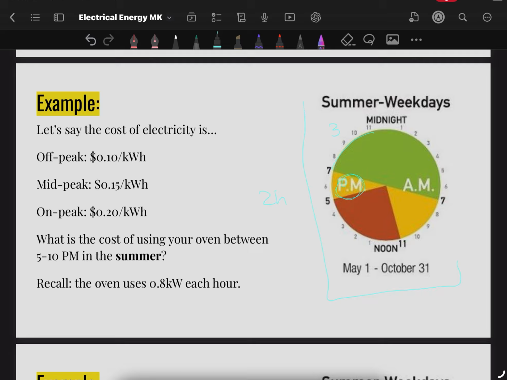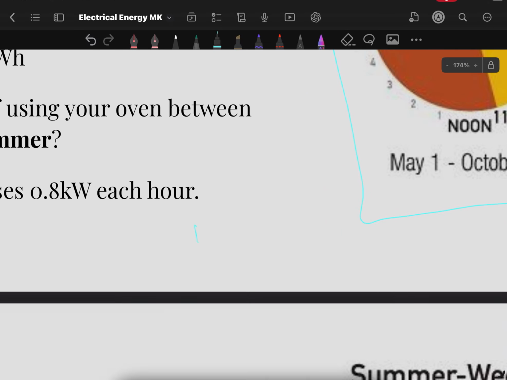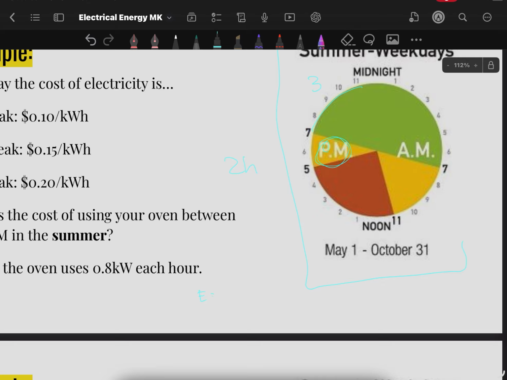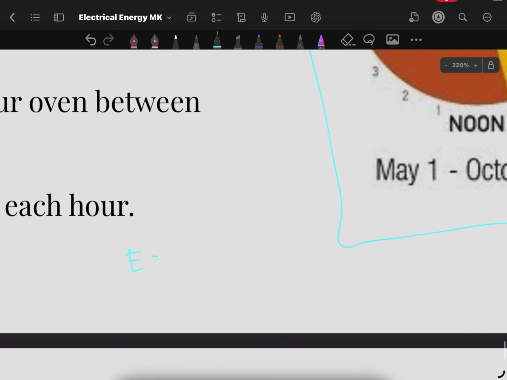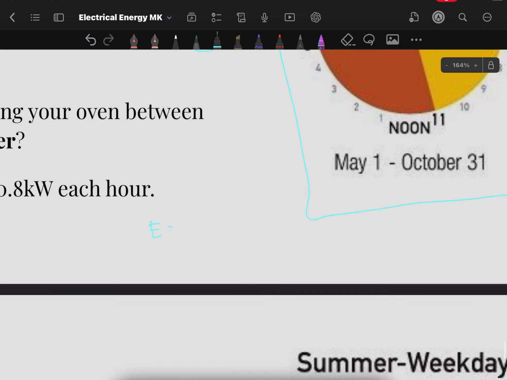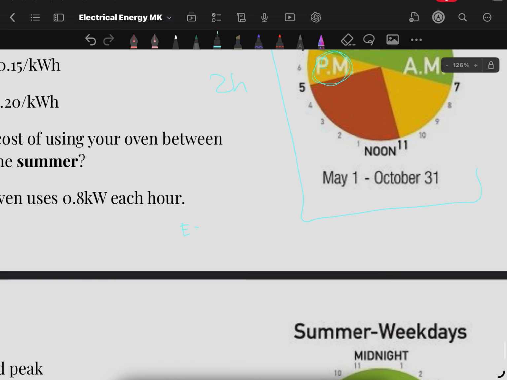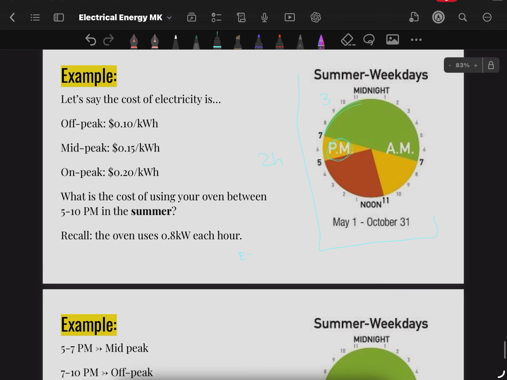Now we do our basic formulas. We know that energy equals kilowatts times hours. So let's do off-peak first. The off-peak is going to be 3, because there's 3 hours. And the rate of that is going to be 0.10. Wait, hold on. Wait, 0.8.